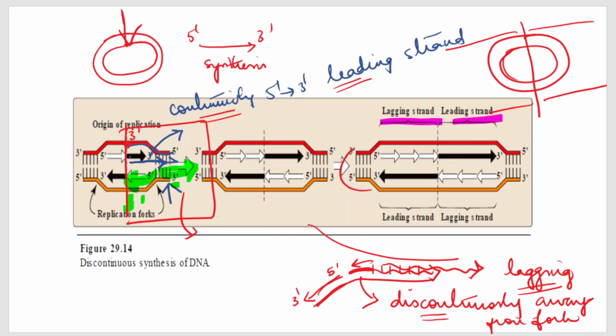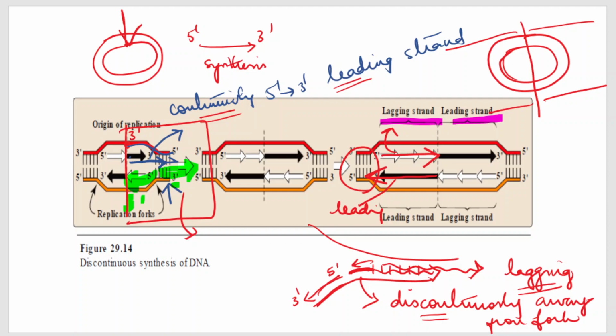The replication fork is on this side. So towards the replication fork, if the synthesis can happen in a continuous manner, that becomes the leading strand. And when the synthesis of DNA is away from the replication fork, it happens fragment-wise or discontinuously, so that becomes the lagging strand.